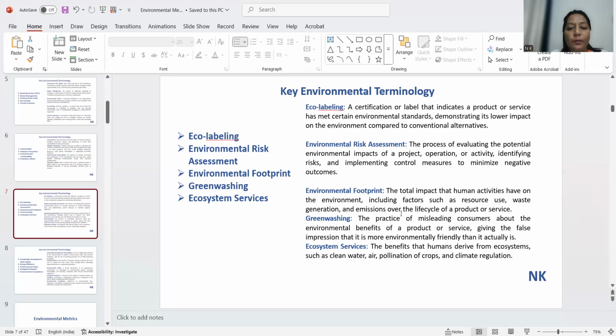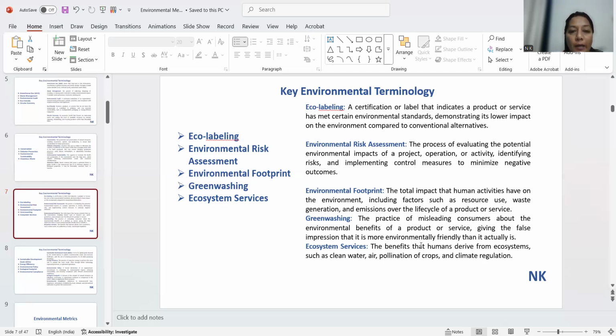Environmental greenwashing is the practice of misleading consumers about the environmental benefits of products or services, giving the false impression that it is more environmentally friendly than it actually is. So this is called greenwashing.